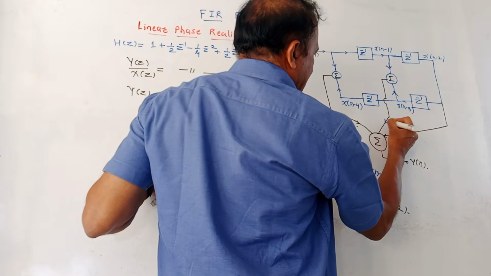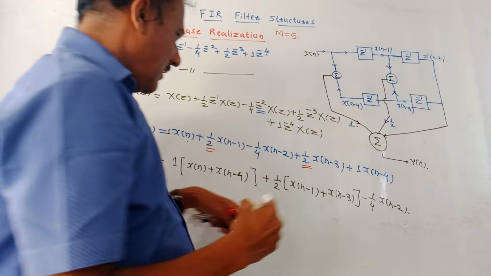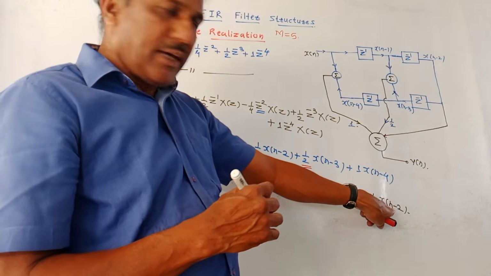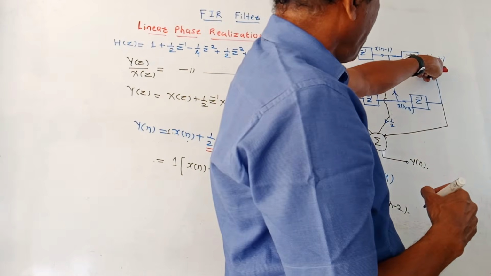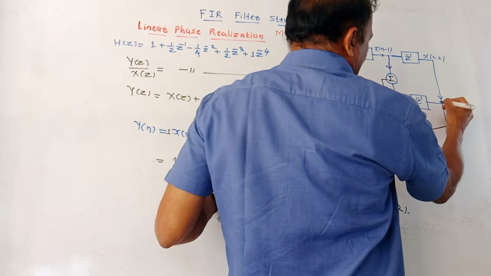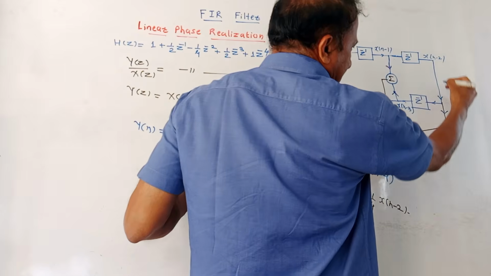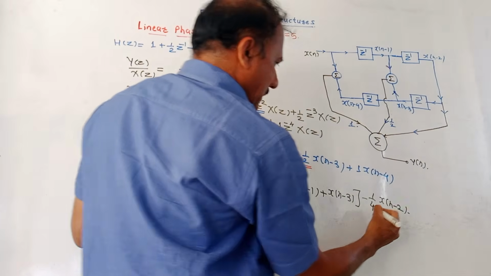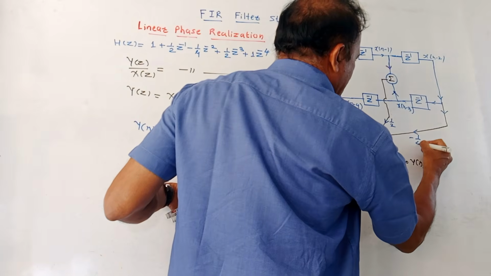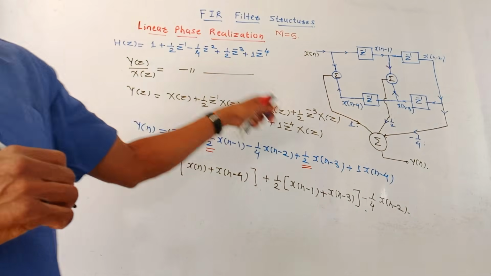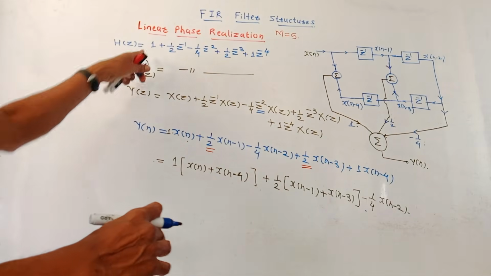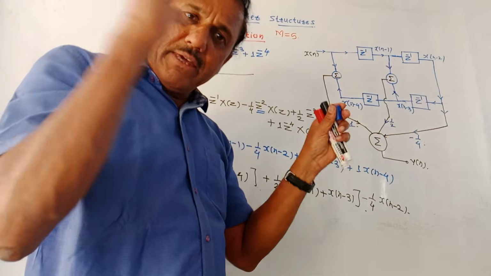So here on this line I will write 1 half. Last term minus 1 by 4 x of n minus 2. Here you are getting x of n minus 2. So again x of n minus 2 travels through these branches. Here you are getting same term x of n minus 2 multiplied with coefficient minus 1 by 4. So this is the final structure, final realization for the given equation when n is odd.